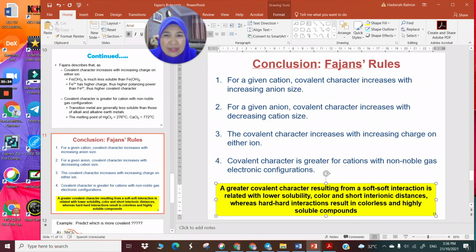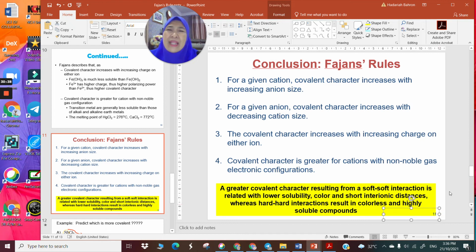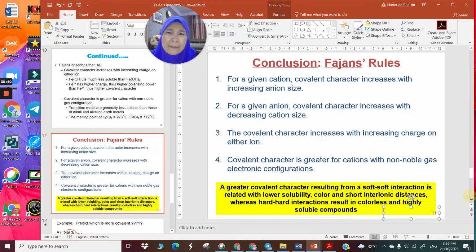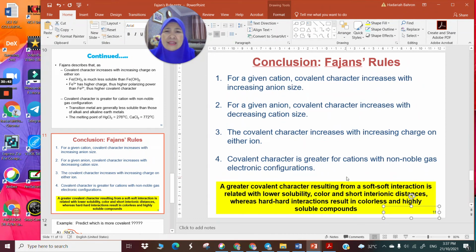Ionic compounds are usually highly soluble, and you quite rarely get colored compounds there, because colors are actually due to the jumping of electrons. This will be covered a little bit later in the semester. Don't worry about the colors. Just remember that hard and soft interaction is very much to do with polarizing power and polarizability.